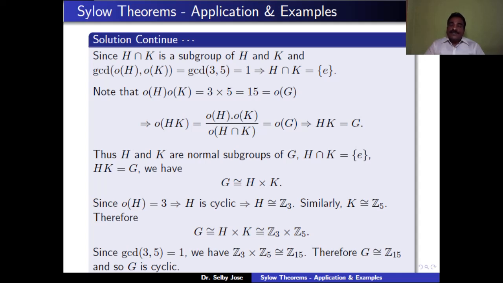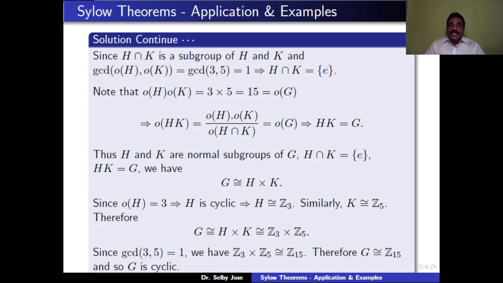Since the order of H is 3 and 3 is prime, and any group of prime order is cyclic, therefore H is cyclic. And since any cyclic group of order n is isomorphic to Zn, H is isomorphic to Z3 because H is a cyclic group of order 3. Similarly, K is isomorphic to Z5.